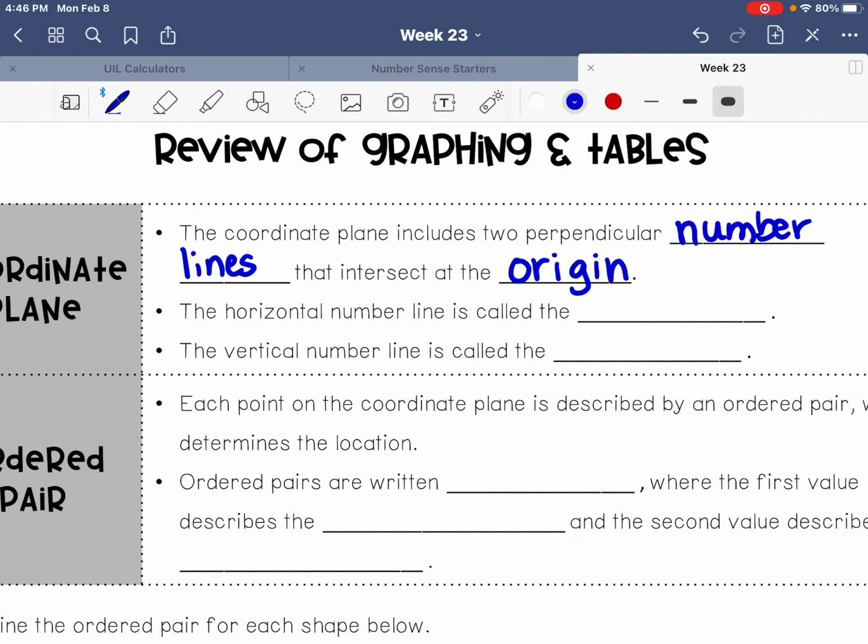The horizontal number line is called the x-axis. The vertical number line is called the y-axis. Those are important things that you need to know.